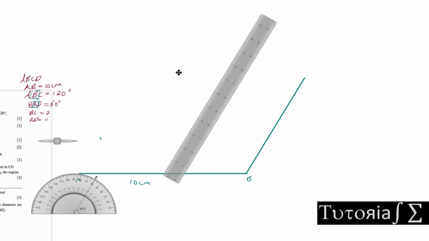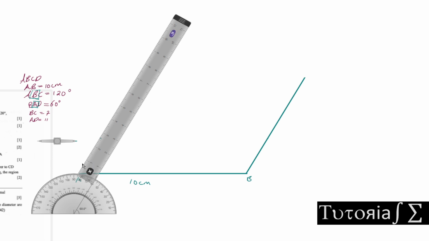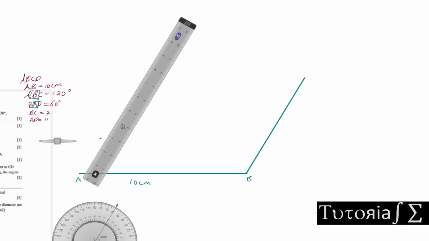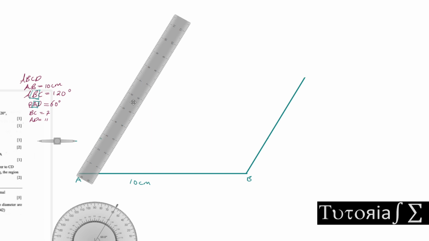There. So from A, again, we should make sure that it goes through the 2 points. Pinch there. So AD is meters like that, so that it does.